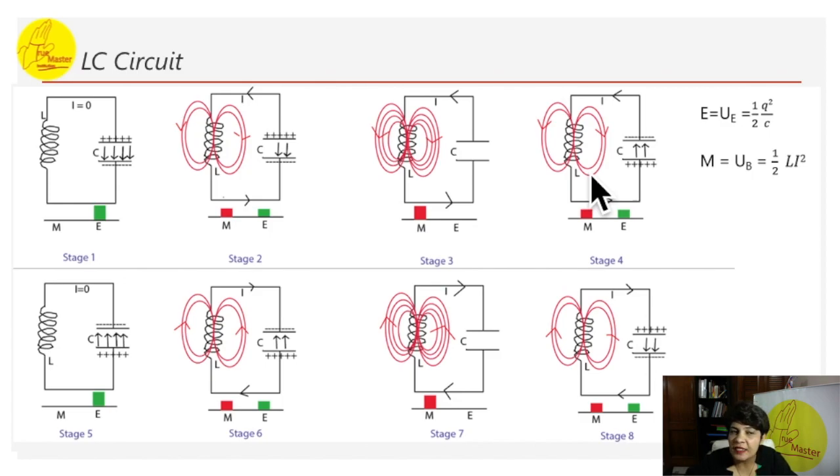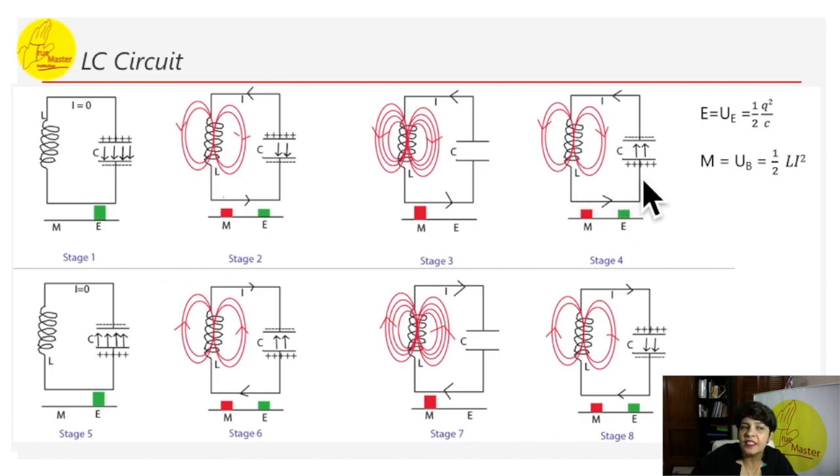The magnetic flux linked with the inductor decreases, inducing a current in the same direction by Lenz's law as the earlier current. So if the earlier current was in this direction, in this same direction, now who is sending the current? The inductor is going to send the current from here to the capacitor.